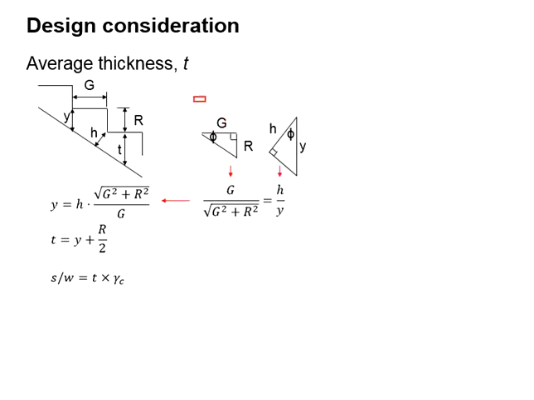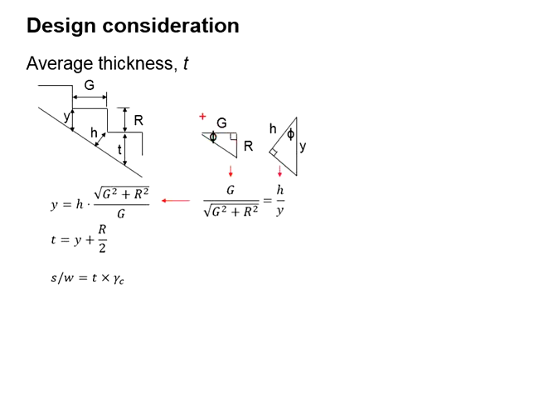With that, we can do some interpolations comparing the two dimensions here. The relationship of the h and y here, it will be the side adjacent to the angle and the hypotenuse. The ratio between the h and the y shall be the same as the ratio of the g and the hypotenuse here. g here is adjacent to the angle.